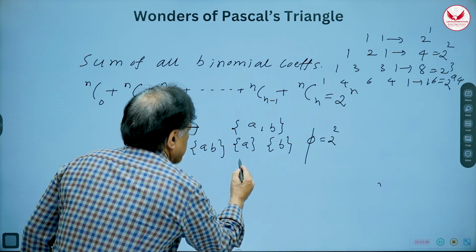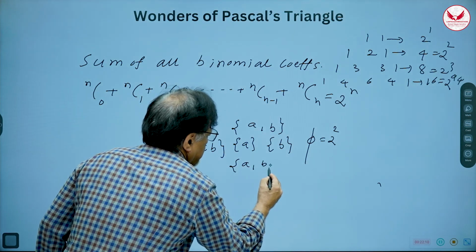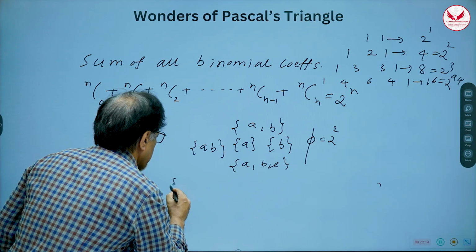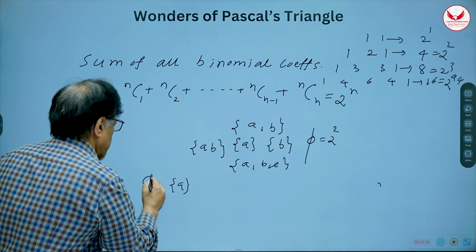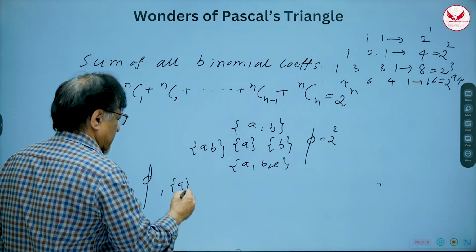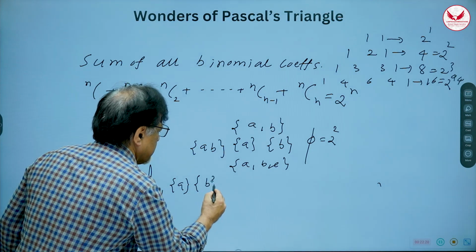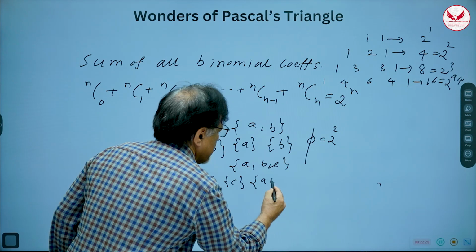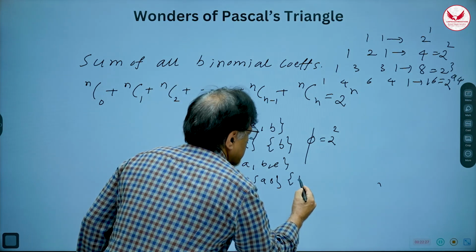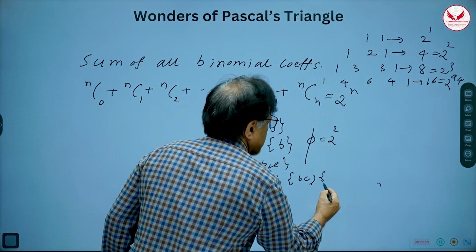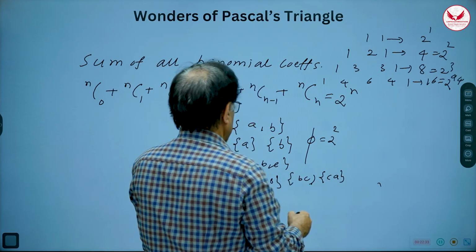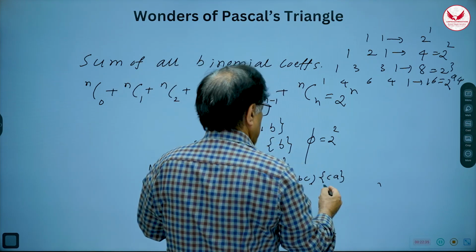Now if I take a tripleton set A, B, C, how many subsets will it have? One is singleton A, then let us call it phi, the empty set. Then singleton B, then singleton C, then AB, then BC, then CA.